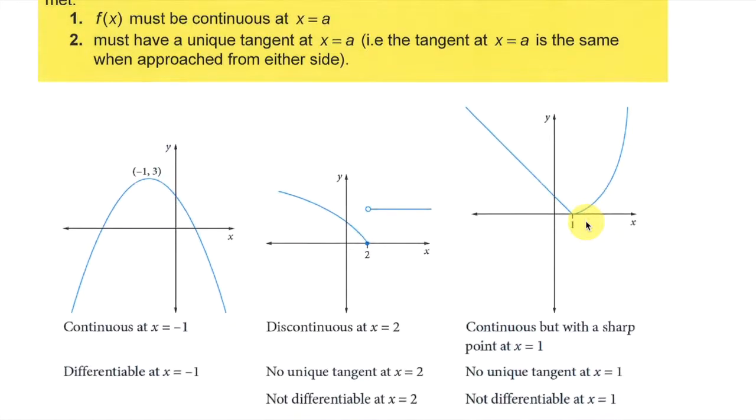So for here, what we can see, if we're looking at x equaling -1, then it's continuous. And so for -1 here, it's going to be very easy for me to draw on a tangent line with no problems at all. I can estimate where that goes. And therefore, we say that it's differentiable at x equaling -1.